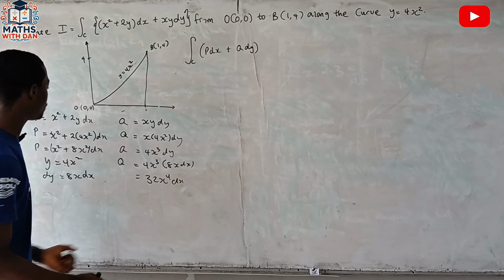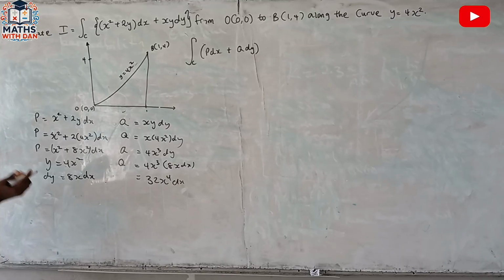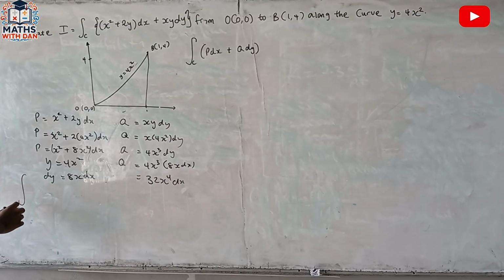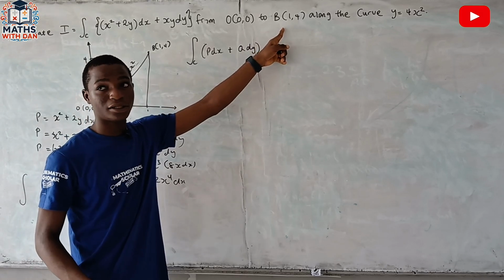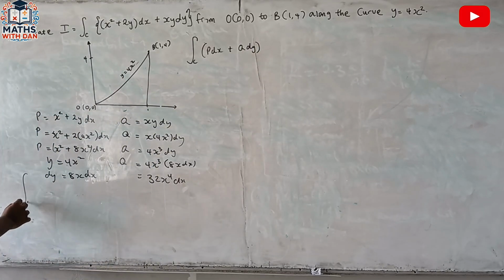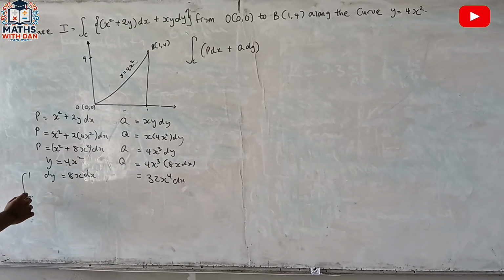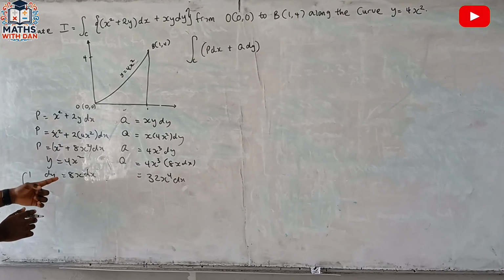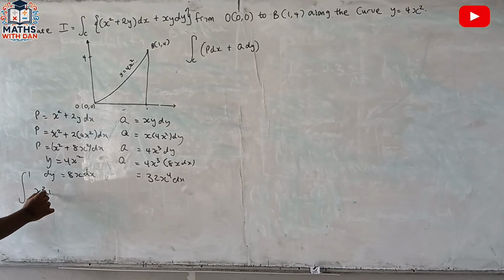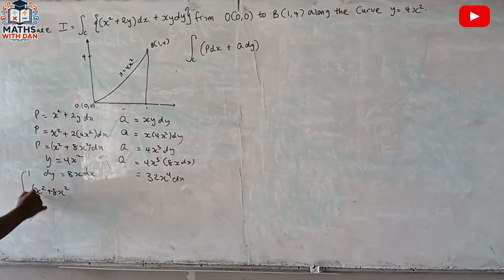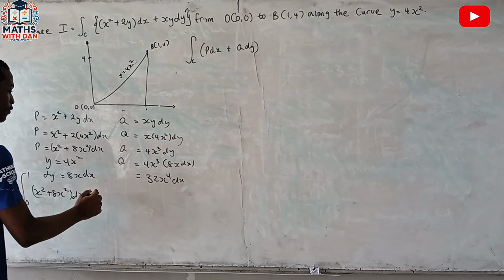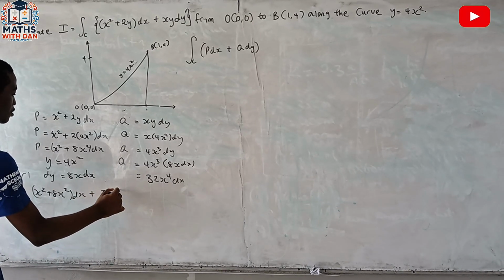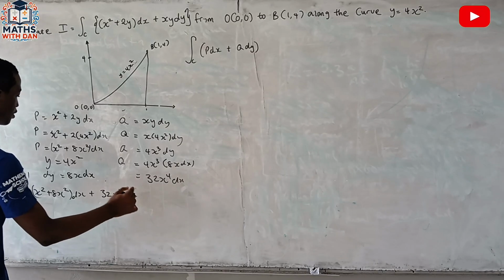So you add the equations together using the properties of line integral, which states that the integral from 0 to 1 along the x-axis, P is what? x squared plus 8x squared dx plus the value for Q, which is 32x to the power of 4 dx, right?